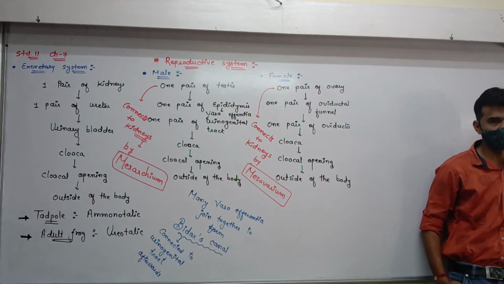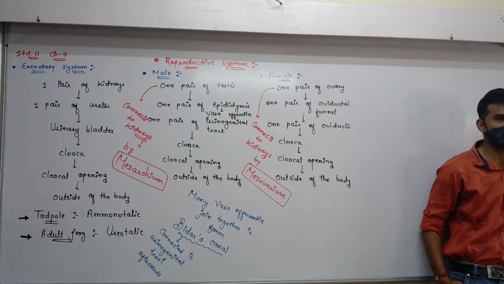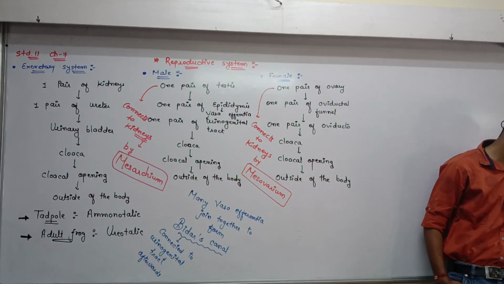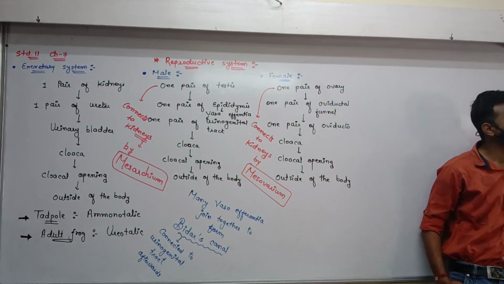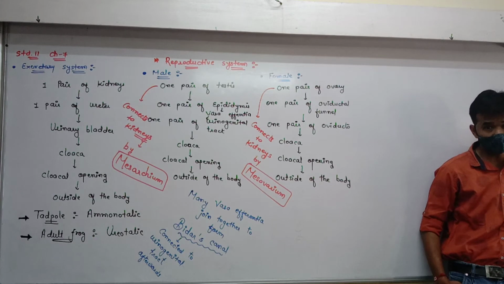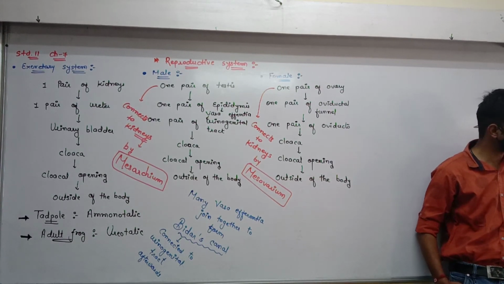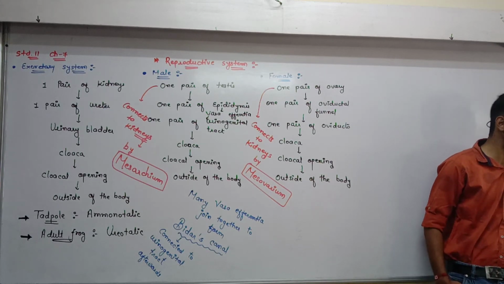Any one of you, can you tell me: are the fertilization process and zygote formation both the same? Up to now you have learned like this: sperm meets ovum, fertilization, and of course the zygote will be formed.